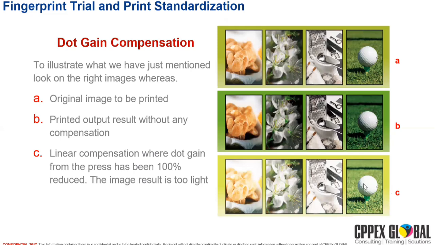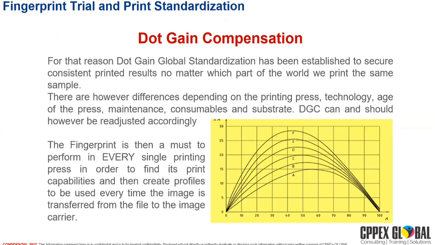So dot gain compensation we can determine and measure after conducting the fingerprint trial, and the fingerprint trial will help us to determine the capabilities and characteristics of the printing machines. Here you can see dot gain global standardizations.